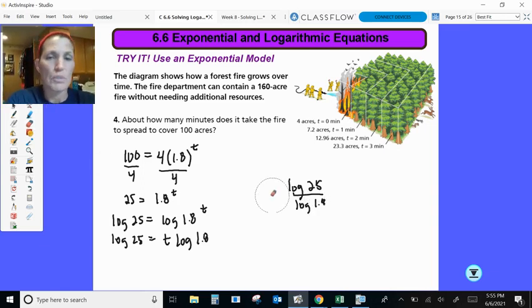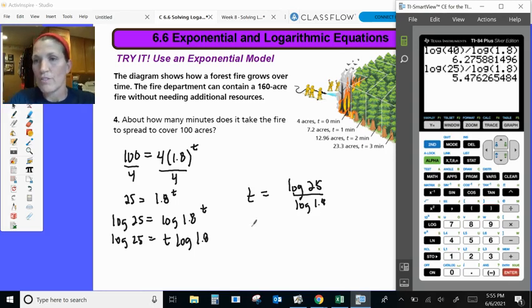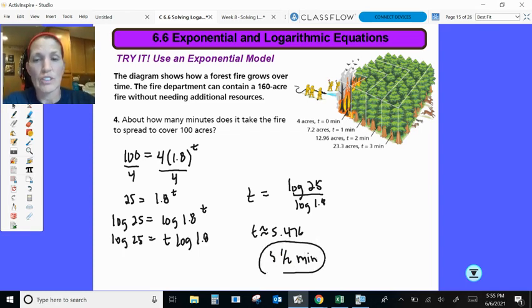That should still be an equal sign because we haven't evaluated the log yet. So t equals, and then we'll calculate that again. Log of 25 divided by log of 1.8 gives me 5.476. So it's going to take about 5.5 minutes for it to spread to 100 acres.